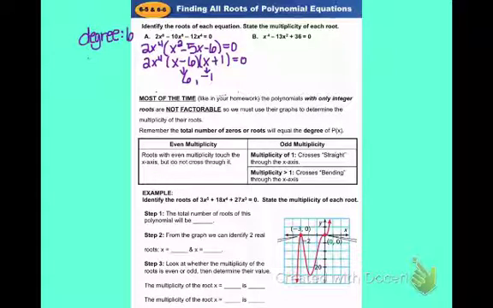Well, if I set 2x to the 4th power equal to 0, the only value of x that could make 2x to the 4th 0 is, in fact, 0 itself. And so that means 0 is one of the solutions. And so I'm out of factors to set equal to 0. So where am I getting these 6 roots? Well, that's because this 0 actually counts for 4 solutions.